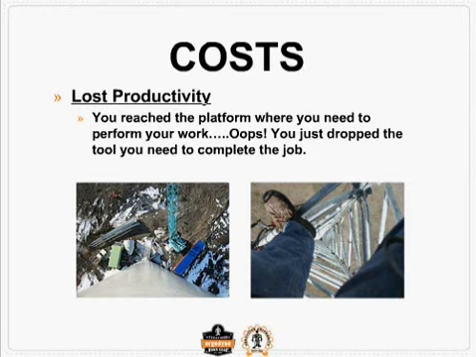Now, no one got hurt, maybe even the piece of equipment isn't damaged, but now you have to climb all the way back down, retrieve that piece of equipment, and climb all the way back up to do the job. If we're talking a 200-foot tower, that could be a half day, a full day of lost productivity. So obviously not as concerning as a fatality or an injury, but a cost nonetheless.